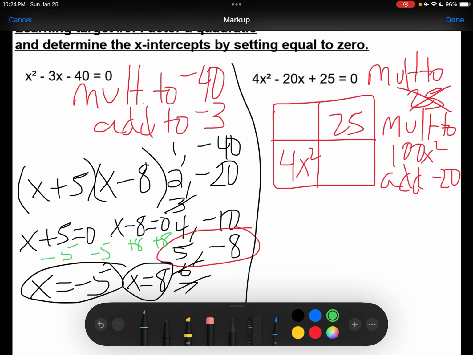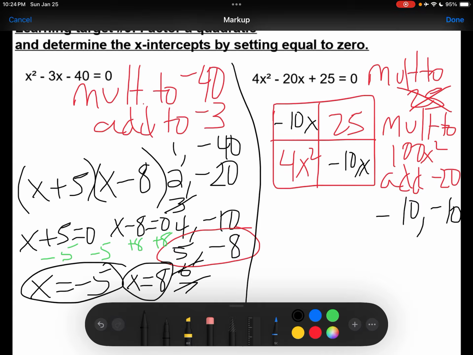And there's only 2 numbers that work with that. Those 2 numbers are negative 10 and negative 10. Whoops. Wow, bad handwriting here. There we go. Still bad handwriting, but not as bad.